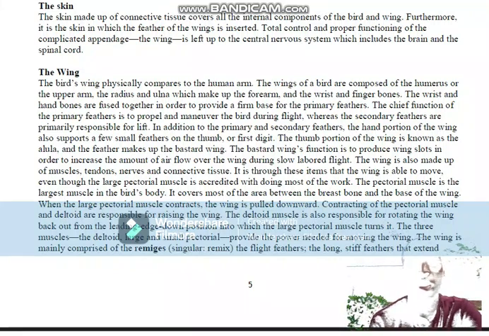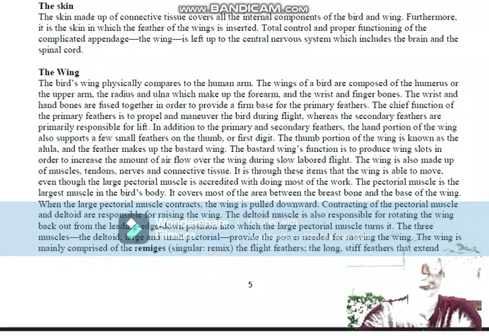For example, we have the humerus, which is the upper arm, and the radius and the ulna, which make up the forearm, and the wrist bones and the finger bones, which have mainly the same anatomical structures found in human beings. We also have the humerus, the radius and the ulna, the wrist bones, and the finger bones, or the phalanges, whatever you may call them.